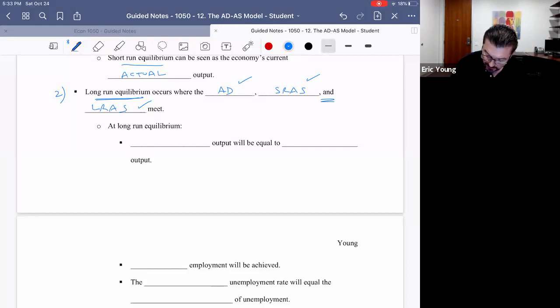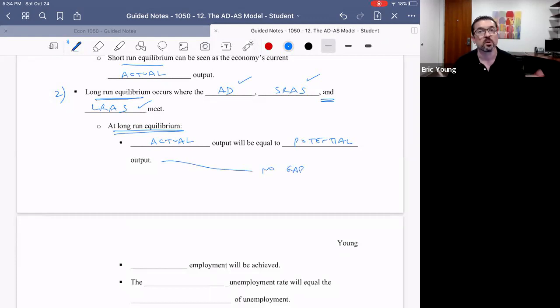When you achieve long-run equilibrium in this model, several things come together. Number one, your actual output will be equal to your potential output. In other words, like we've said before, there'll be no gap. There'll be no difference between your actual and your potential because by definition, at long-run equilibrium, they're the same.